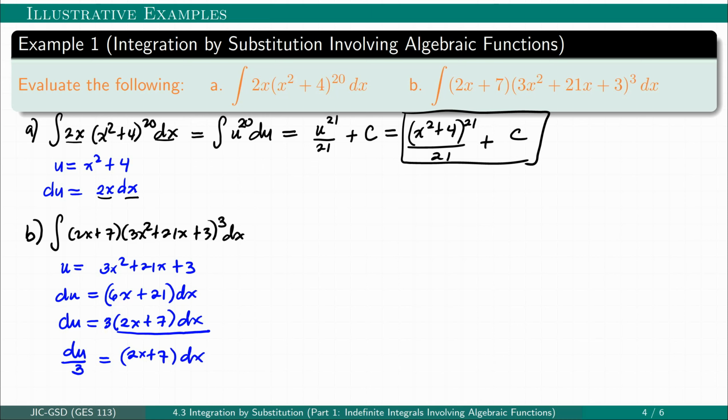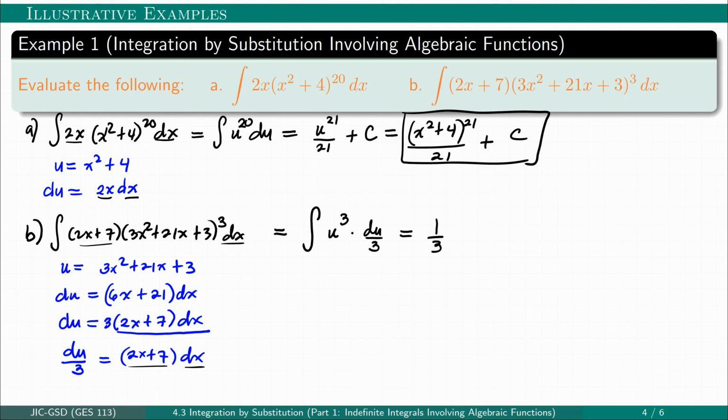So our original function now can be written as integral of this function raised to 3 is just u raised to 3. U raised to 3 times 2x plus 7 dx is actually du divided by 3. So we can rewrite this further as 1/3.